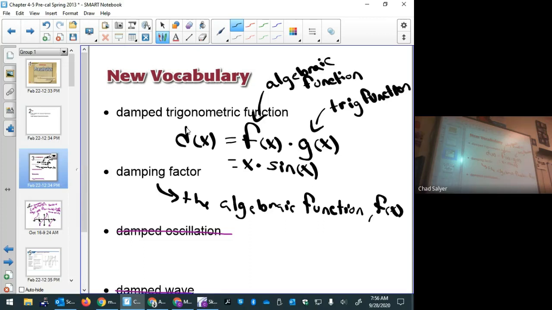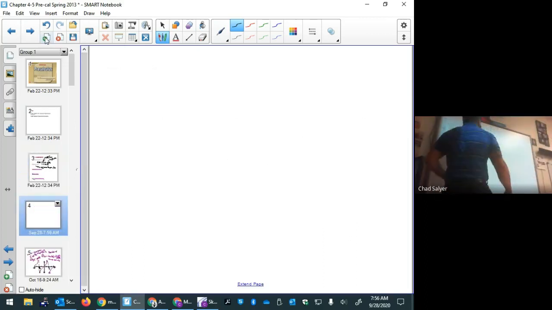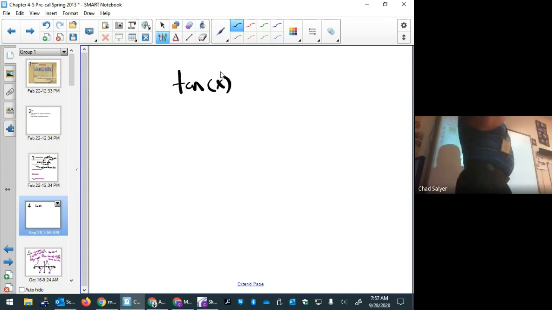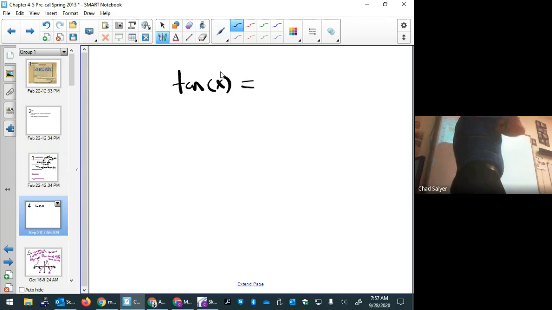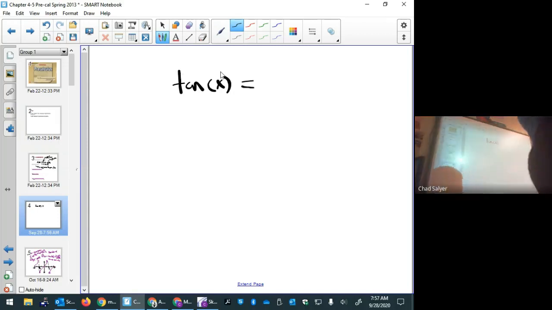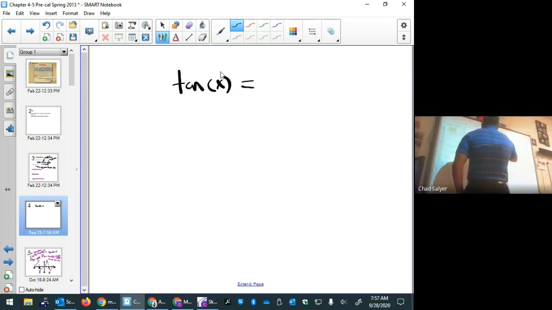All right, so let's talk about the graph of the tangent of x. Tangent is the opposite over the adjacent, but what's called a trig identity is when you compare two trigonometric expressions that are always true with an equal sign.